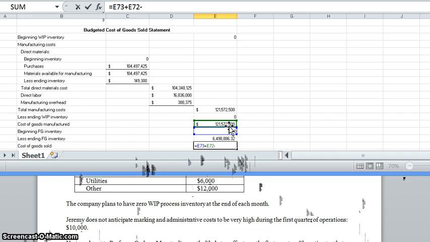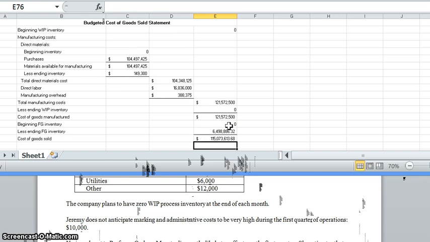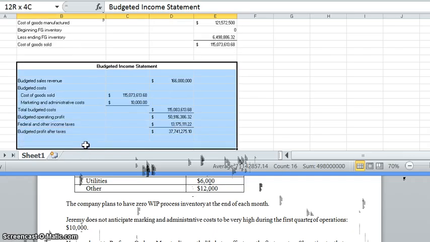Beginning finished goods plus whatever we added minus whatever we have in ending. That means we must have sold $115,073,613.68 worth of inventory during this first quarter. So yes, a very successful quarter for this individual.